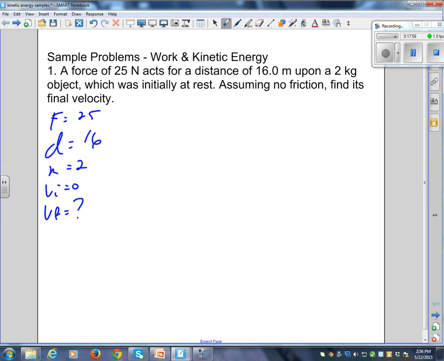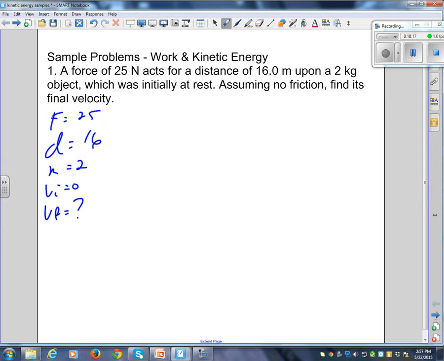How am I going to do this? F equals MA gives the acceleration, and then use A and D, the kinematics equation Vf squared equals Vi squared plus 2AD. But we don't have the acceleration.